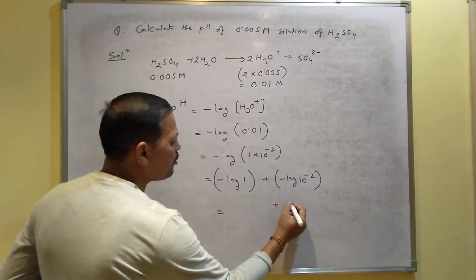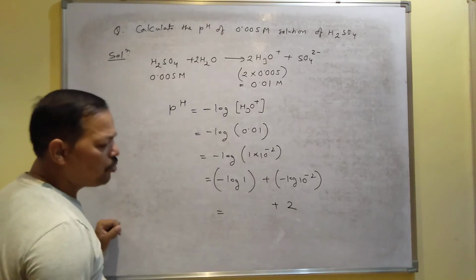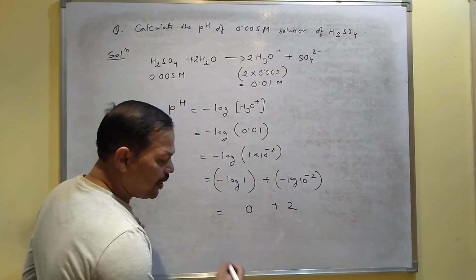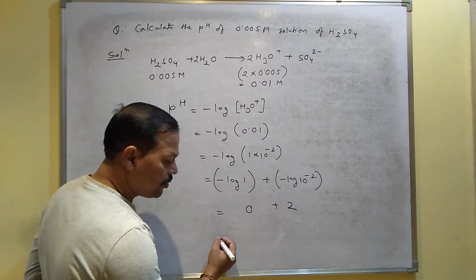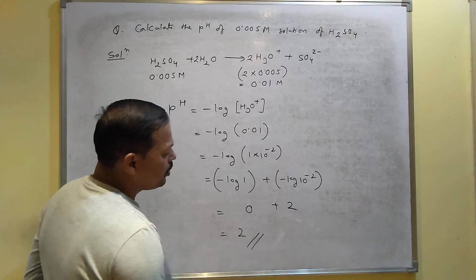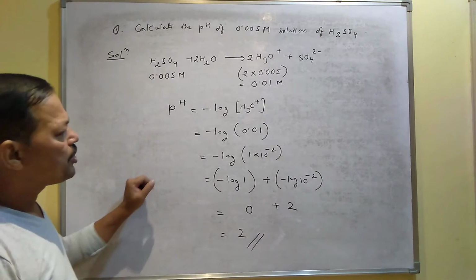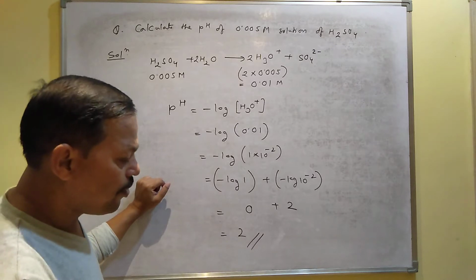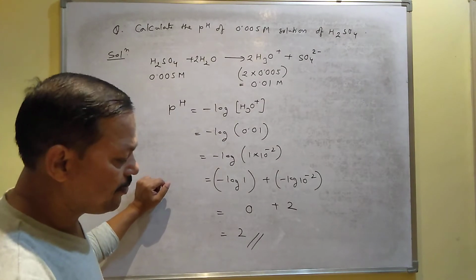The value of minus log 10 to the power minus 2 becomes 2, and log 1 value is 0. So ultimately you will get the pH value as 2. So this is the process of how to determine the pH value for different acids.